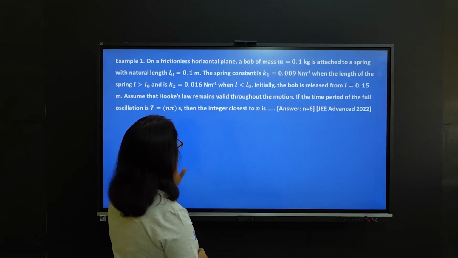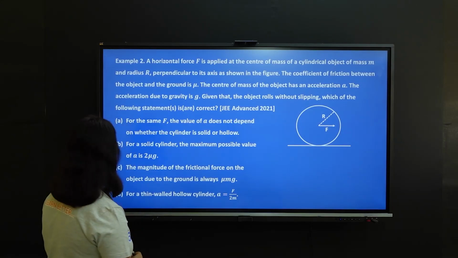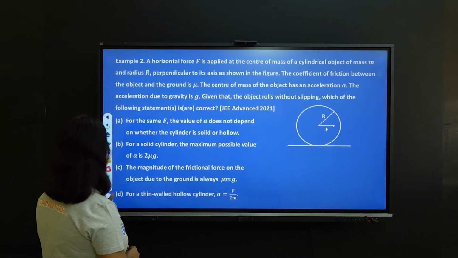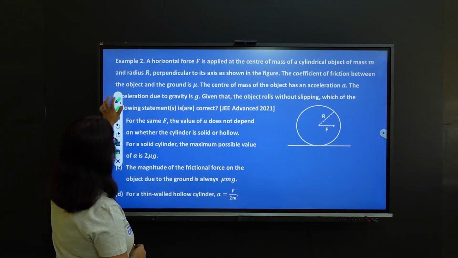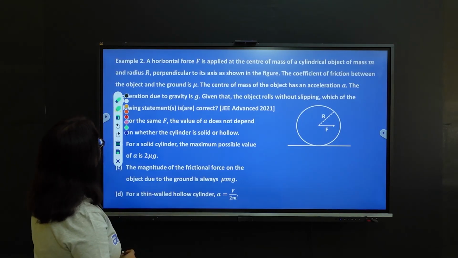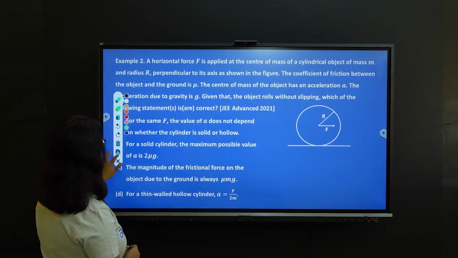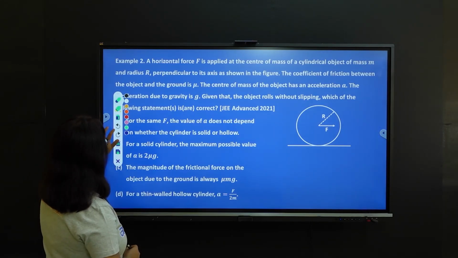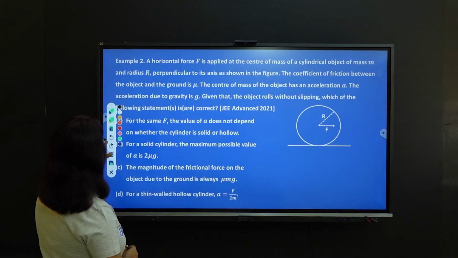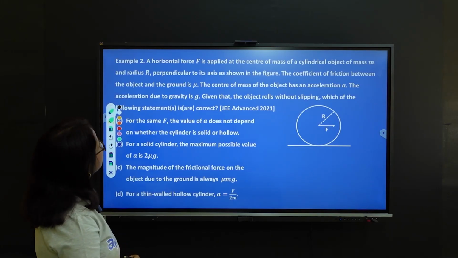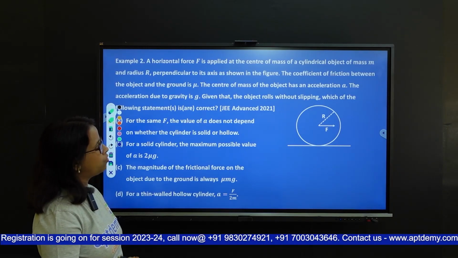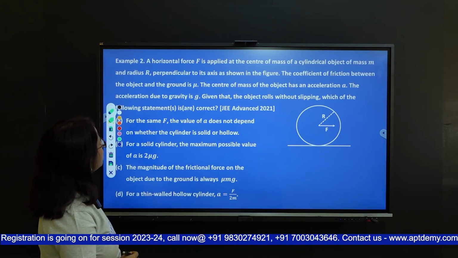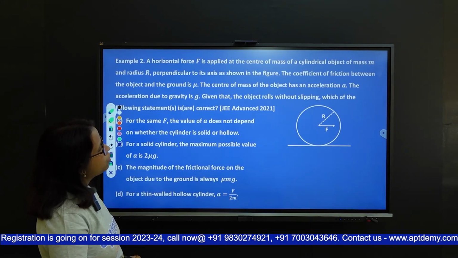Now let us look at another such sum. A horizontal force F is applied at the center of mass of a cylindrical object of mass m and radius r, perpendicular to its axis as shown in the figure.